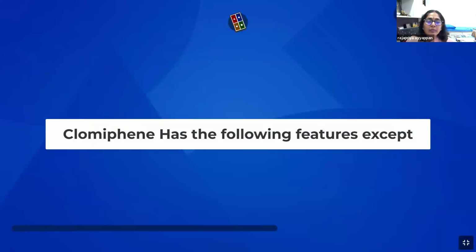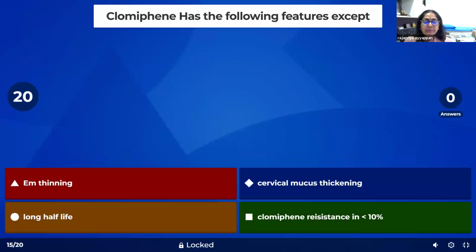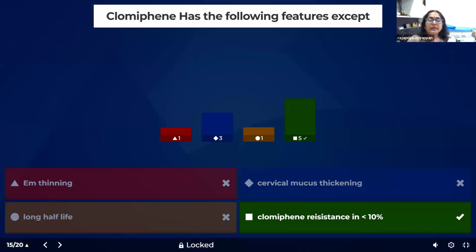All right. Clomiphene has the following features except: endometrial thinning, cervical mucus thickening, long half-life, and clomiphene resistance is less than 10%. The answer is clomiphene resistance less than 10%.